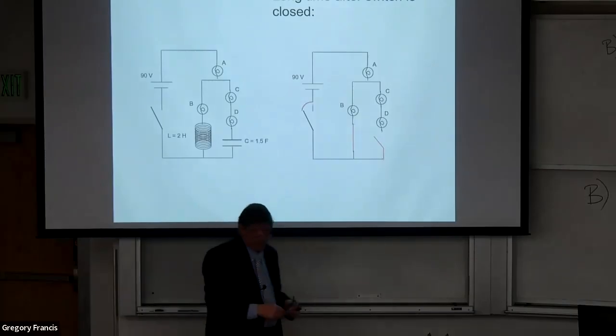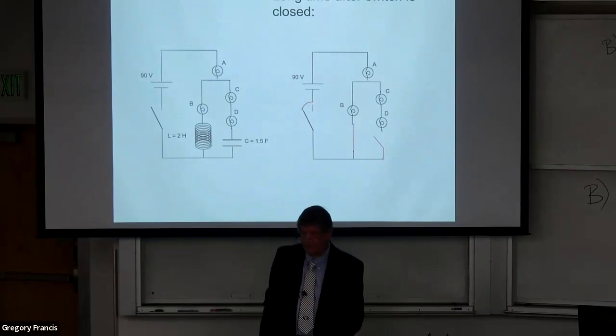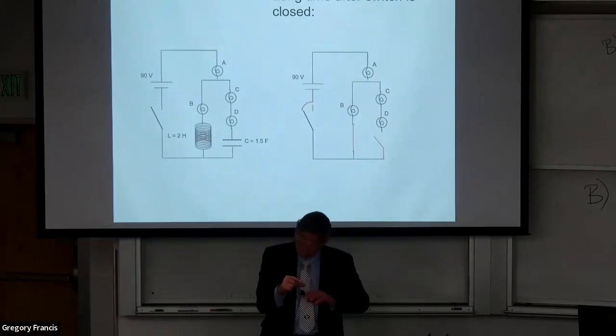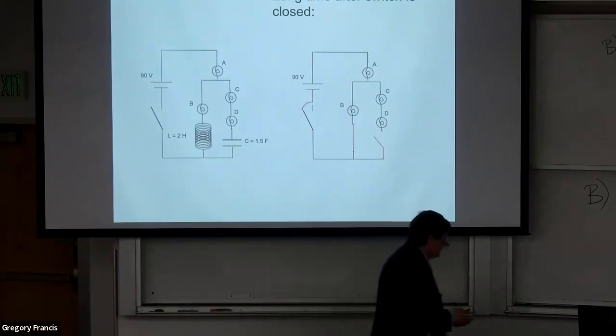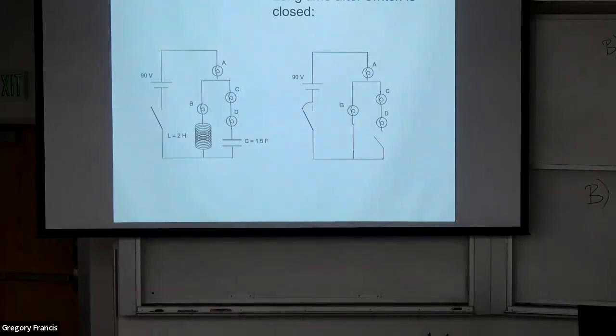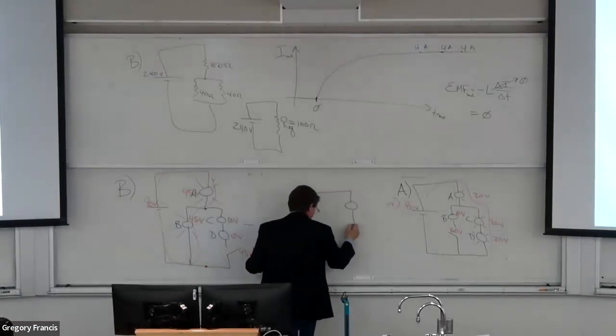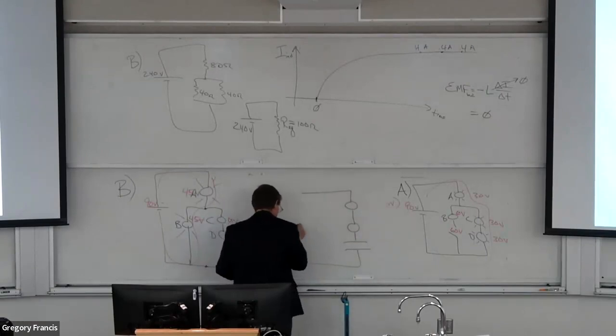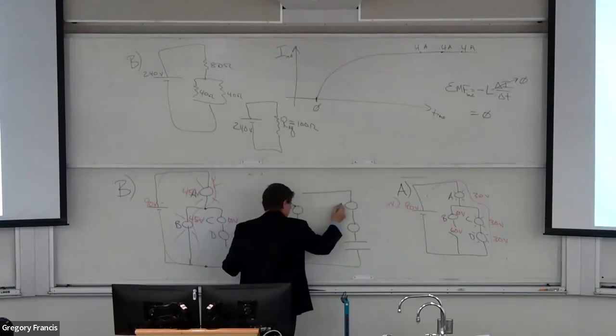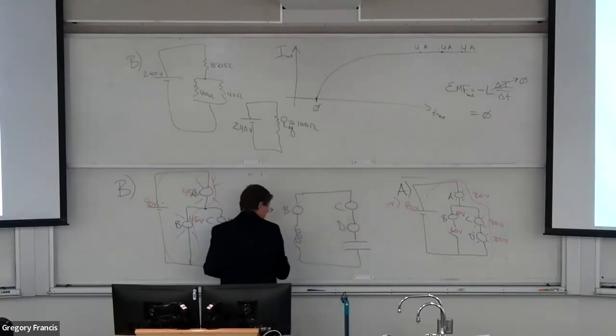Now, the charge in the capacitor, that one is easy. It had 45 volts across it when the switch was closed. When I throw the switch open, it's still got 45 volts across it. So if I draw the circuit, it looks like this.